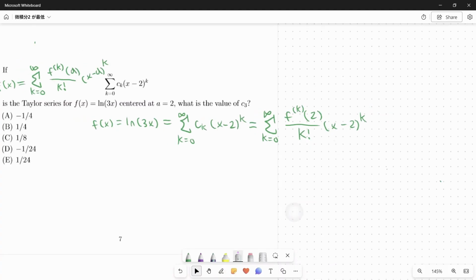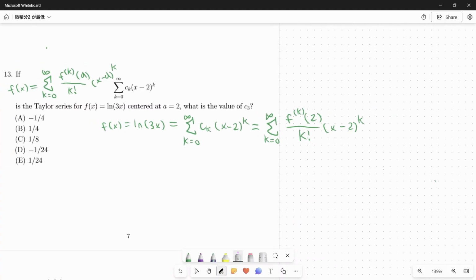What you'll notice is that both of these terms have an x minus 2 to the k power. Since we set these equal to each other, we can deduce that c sub k is going to be equal to this term.